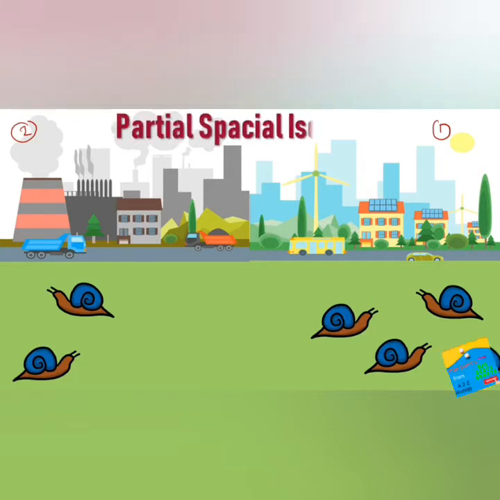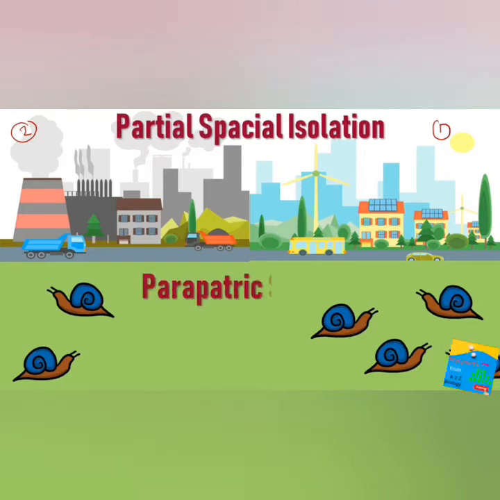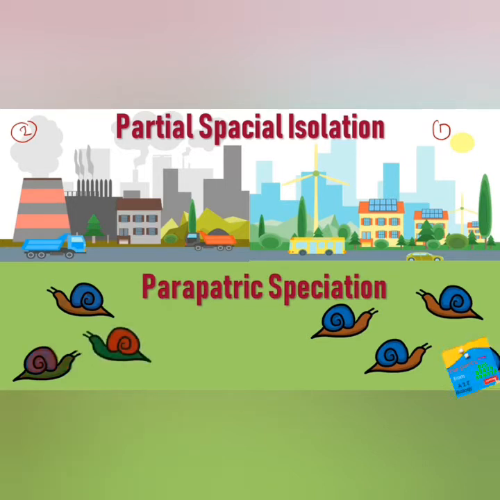Partial spatial isolation leads to parapatric speciation. That is, the snails in the clean and polluted areas become two distinct species over a period of time. However, the two species are connected through a hybrid zone.